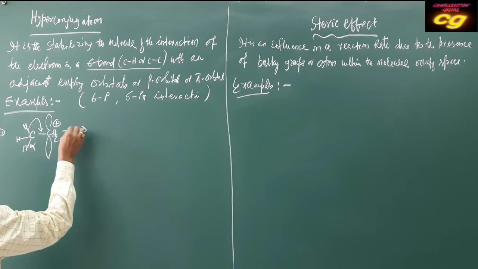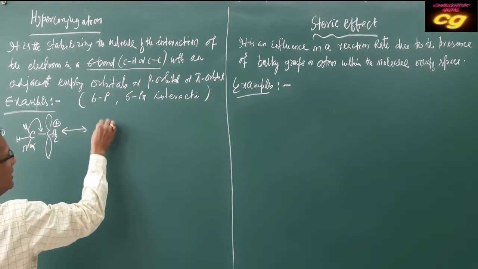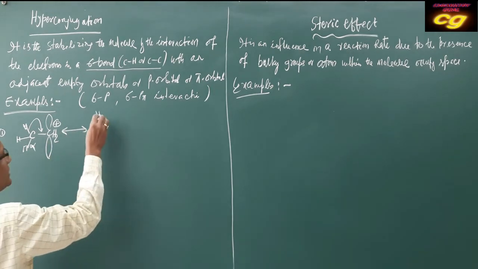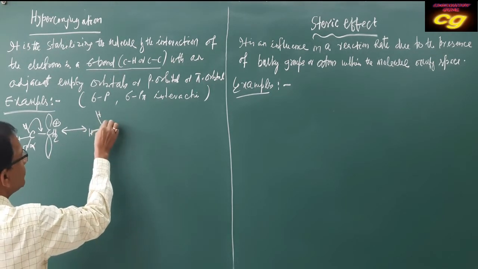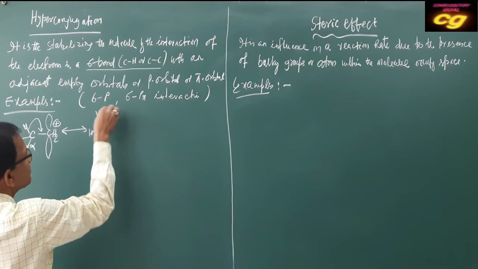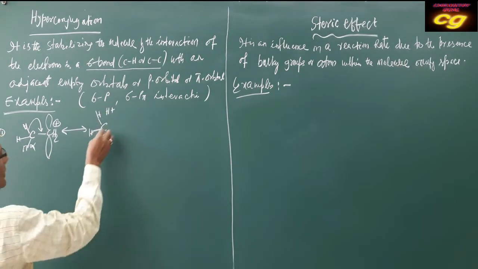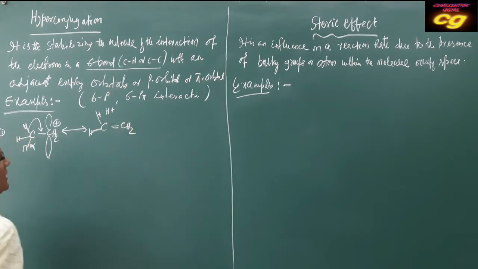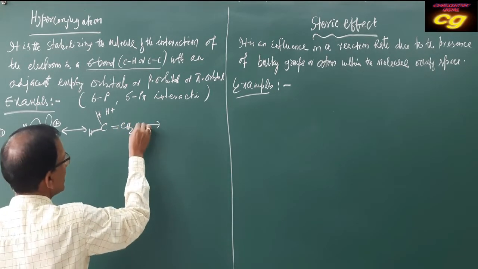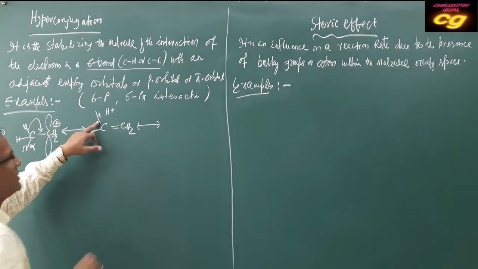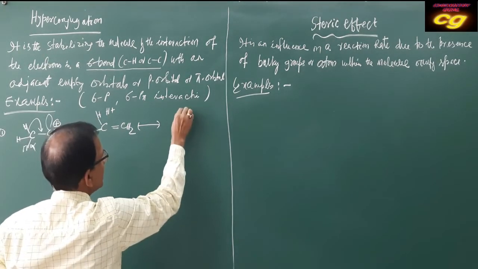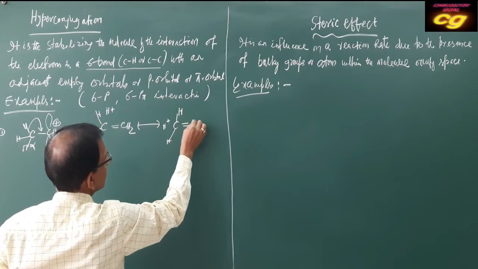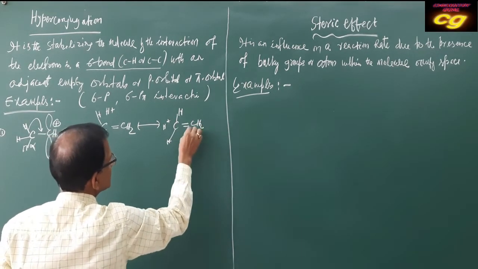It is also shown with the same symbol as resonance. This is one. As it is involved, it produces H plus, leaving a double bond CH2. Similarly, you can do another one. If the second one is involved, it will be H plus, then H, then double bond CH2, like this.